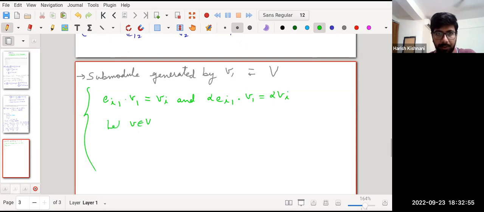Let v belong to V, then v is just the sum of alpha i times Vi, i equal to 1 to n, right?